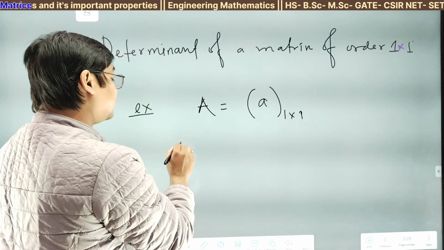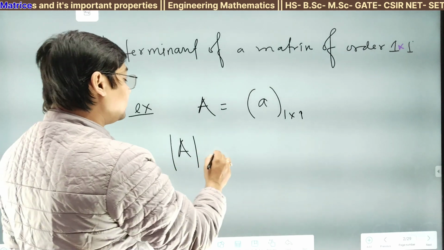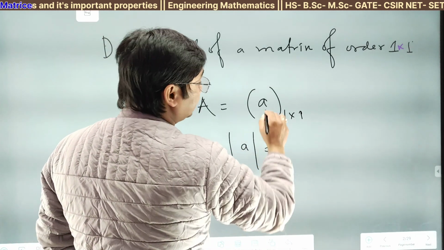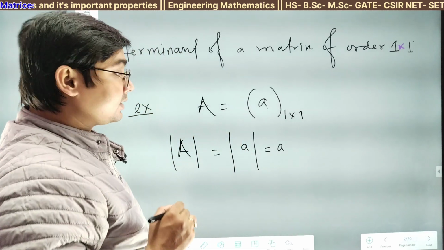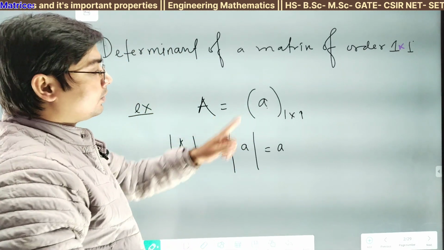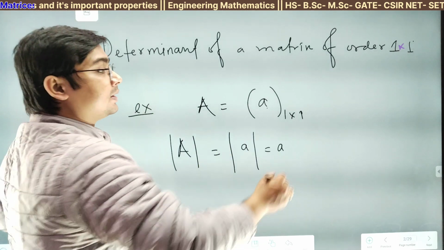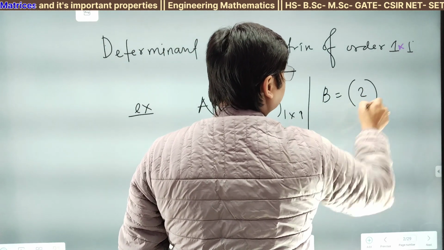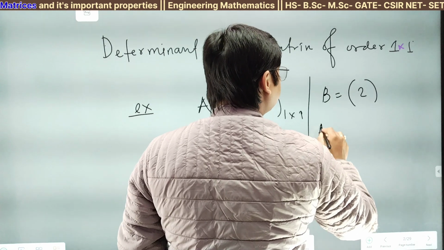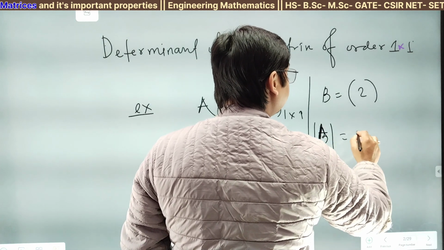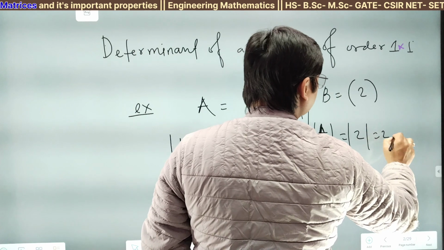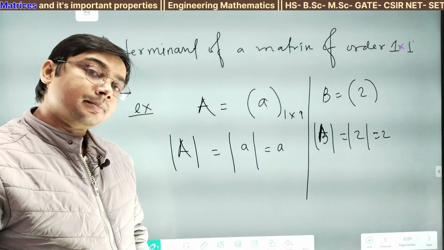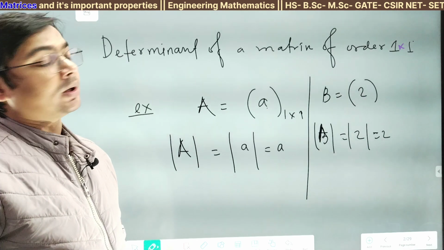Then the determinant of A will be that one element. Whatever element there is, that will be the determinant. Another matrix, suppose B of order 1, with element 2. Then the determinant of B will be 2. So this is simply the determinant of a matrix with order 1.